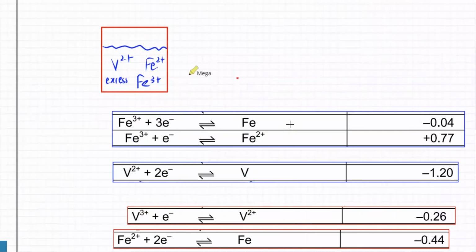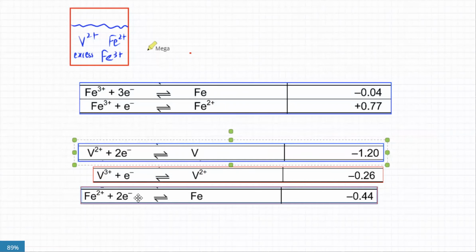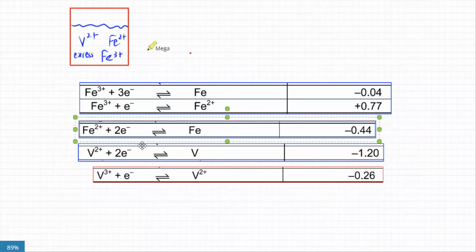So here are all my reactions involving my reactants. Fe3+, two options for Fe3+, and Fe2+. Let me bring the Fe equations together.